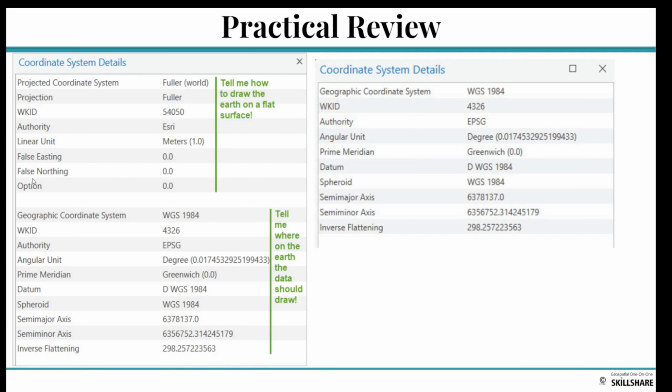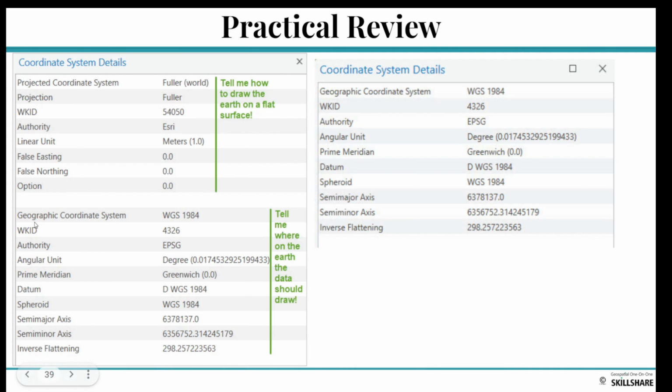We have false eastings, false northings, and options. These are parameters that are used in calculating the datum. So when you are calculating the datum, we need a reference to the equator, we need reference to false easting and false northing.